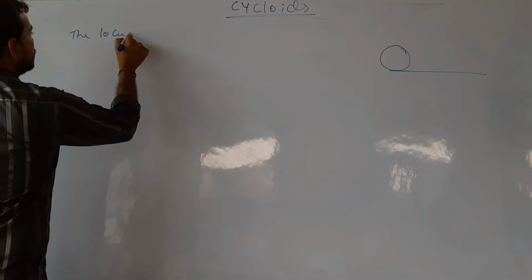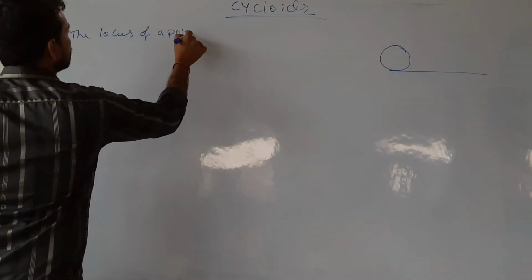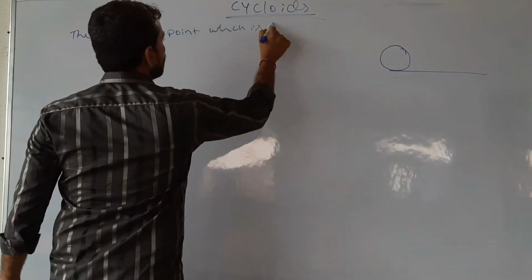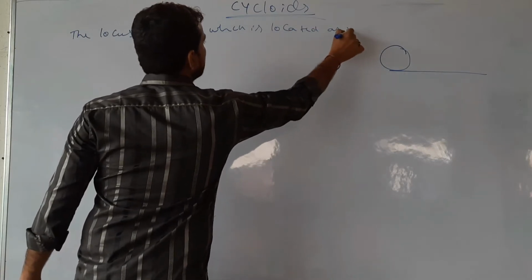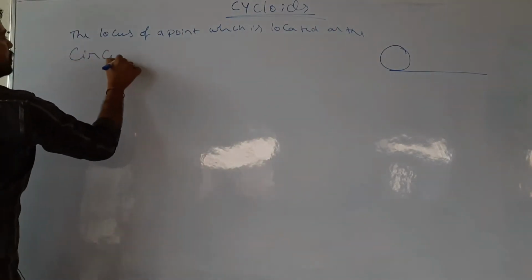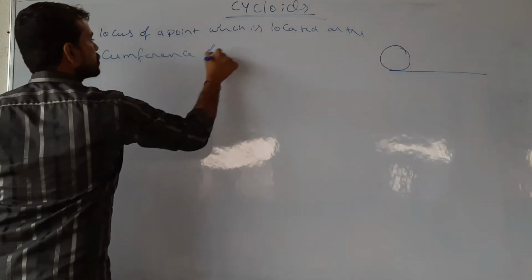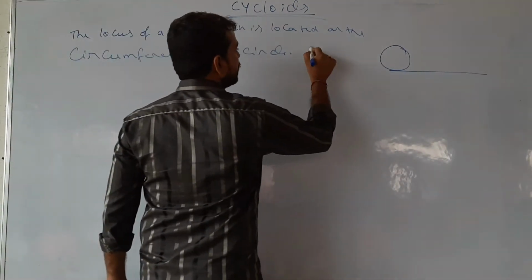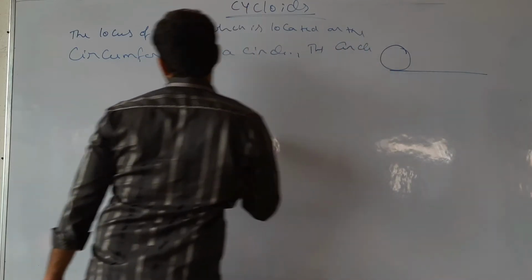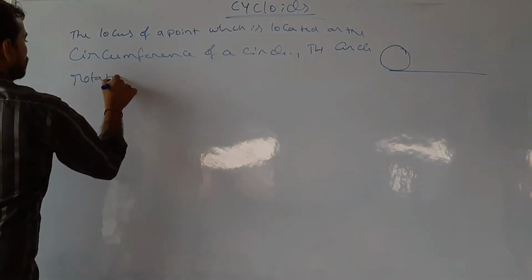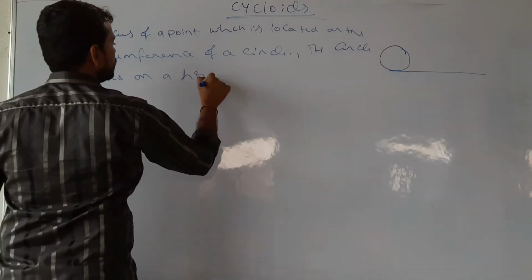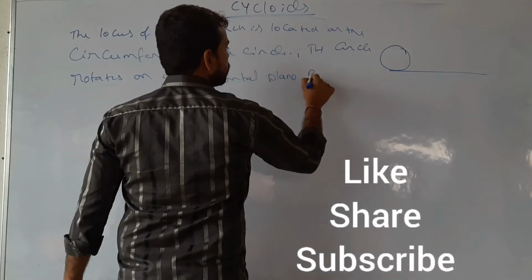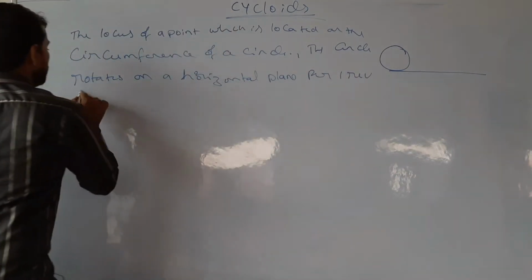The locus of a point which is located on the circumference of a circle, and the circle rotates on a horizontal plane for one revolution without slipping.